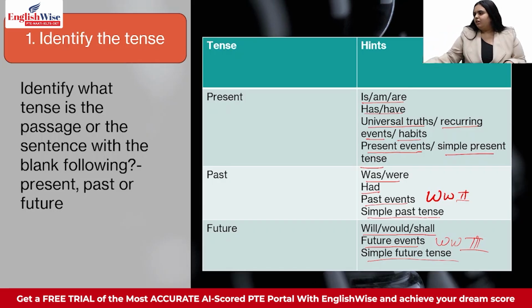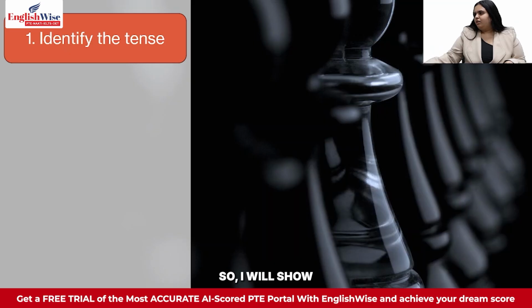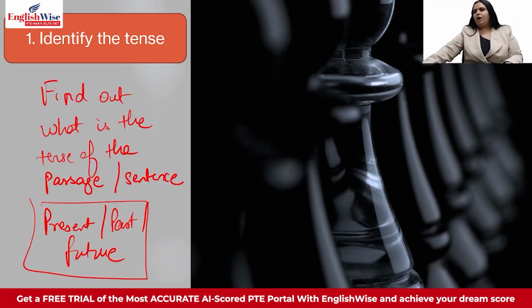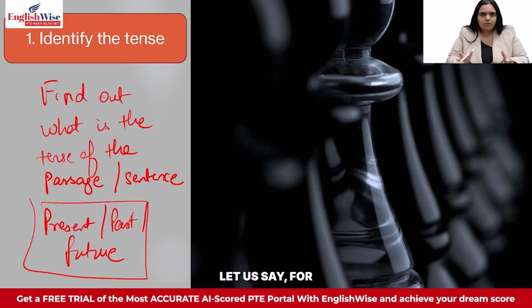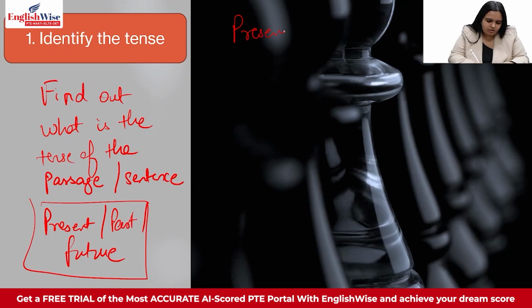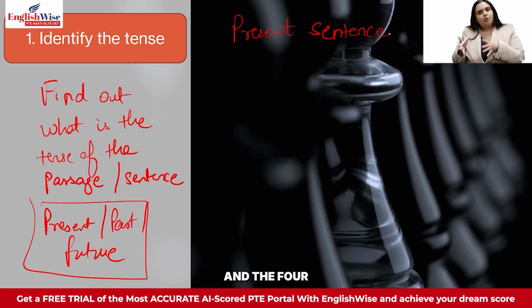All right. So I'll show you why we are doing this. Why are we trying to find out the tense of the passage or the sentence, and why is it your first and foremost step? Let us say for example you are doing your reading writing blanks and you have a sentence that is in the present tense. The four options given to you in your reading writing blanks can be like this.